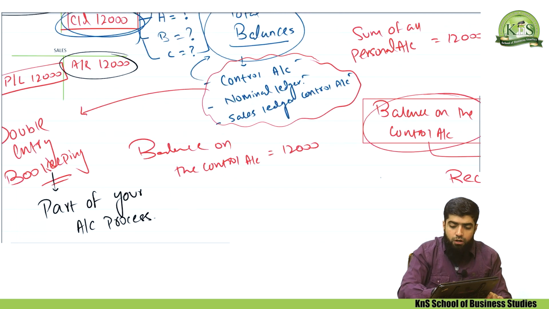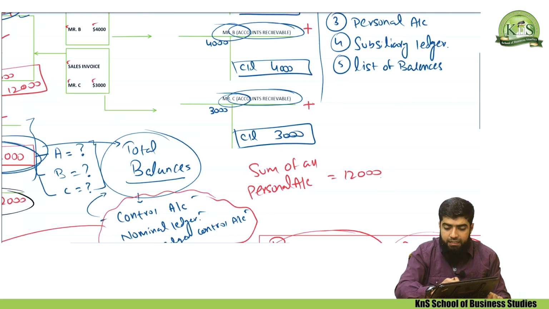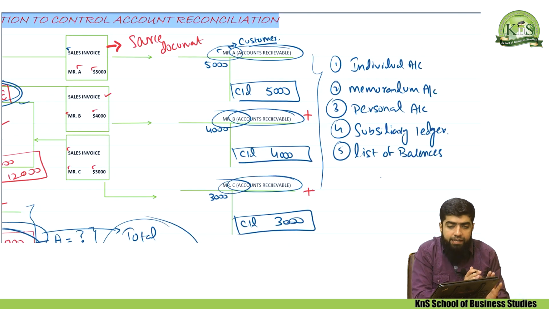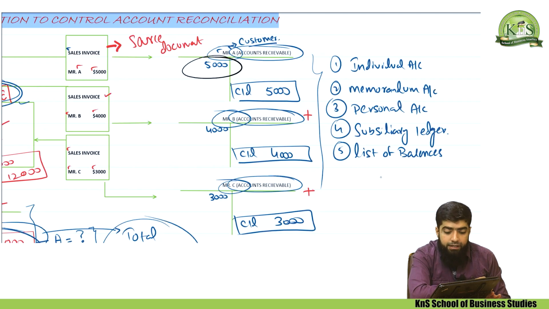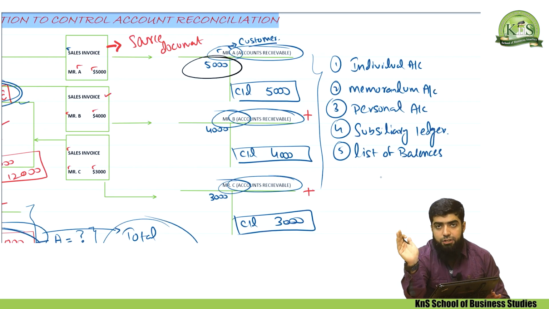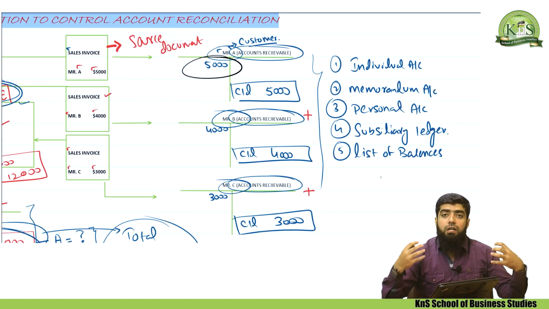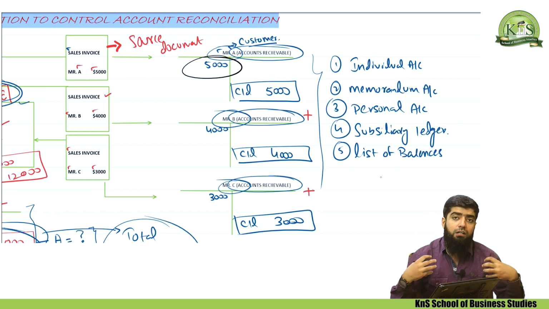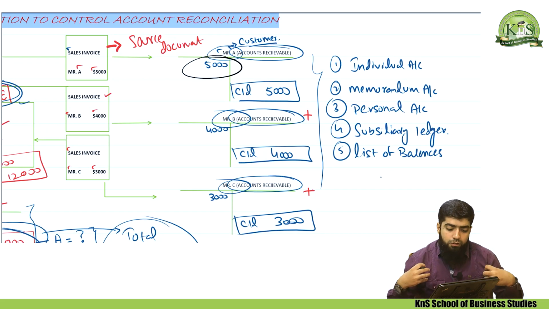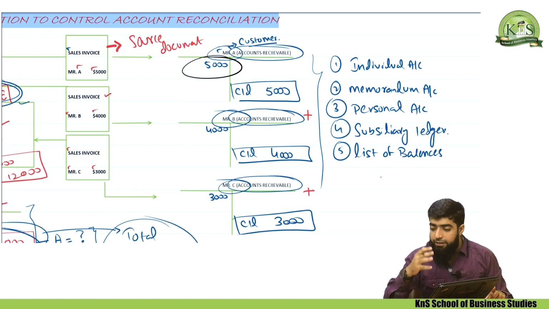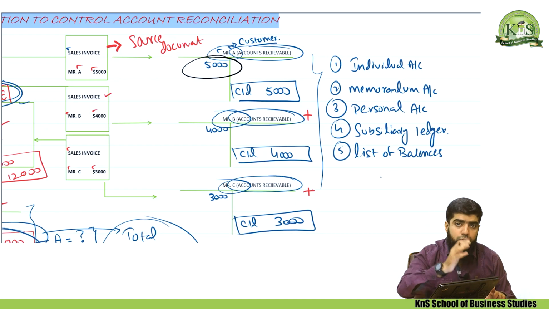However, if we talk about the memorandum account or the personal account or the individual account, what I did, I recorded the transaction in the receivable account by debiting $5,000. But I didn't credit any other ledger account. We are just maintaining the accounts of an individual customer for our support system, for our good management system, for our credit control department, so that we can identify from which customer what amount is to be received.